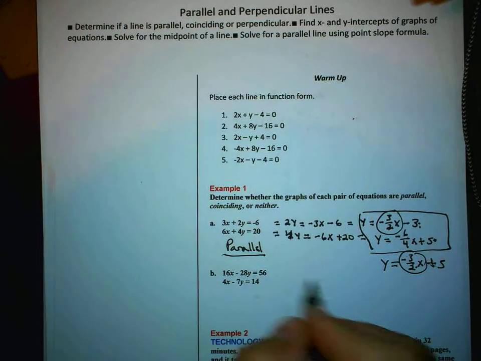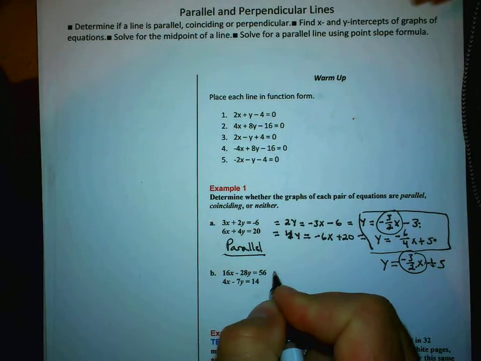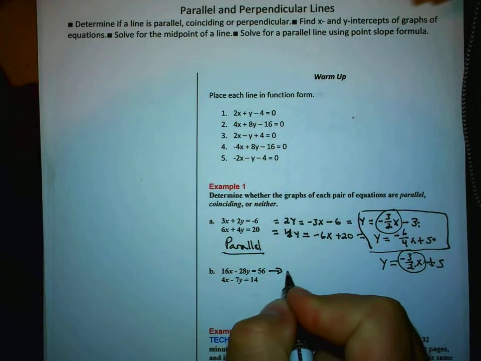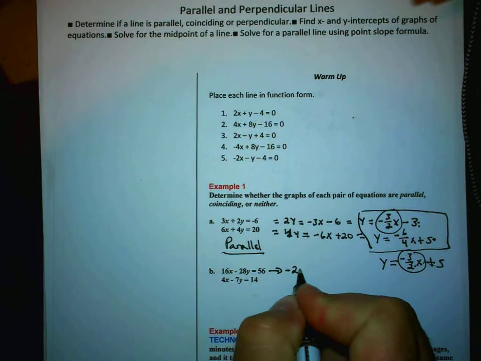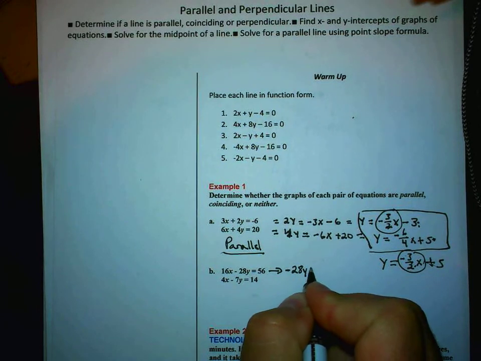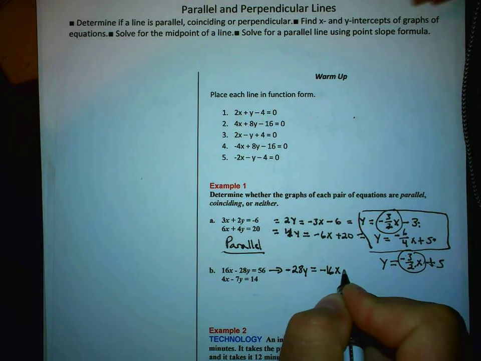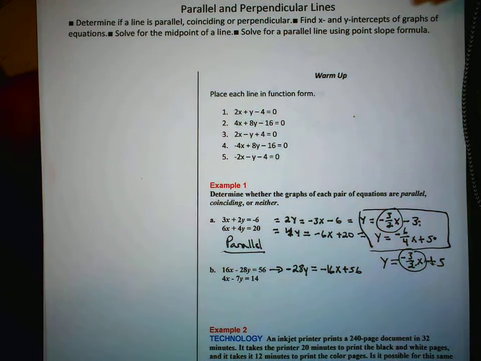Doing the exact same thing. So I'm going to do this instead of using the equal sign. Negative 28y equals a negative 16x plus 56. Now I've got to divide by negative 28.